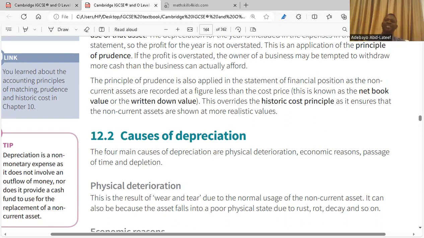Equipment has a value. The cost of maintaining that equipment has a value. So the cost of maintaining that equipment, you have to take it away from the value of the equipment. That is what you record. Is it clear? Yes.